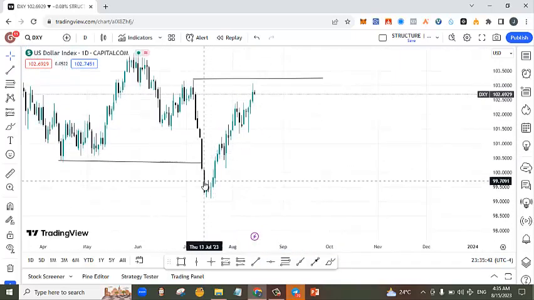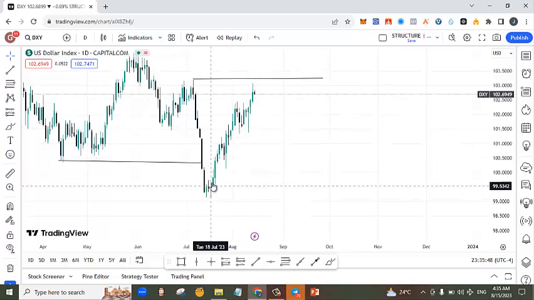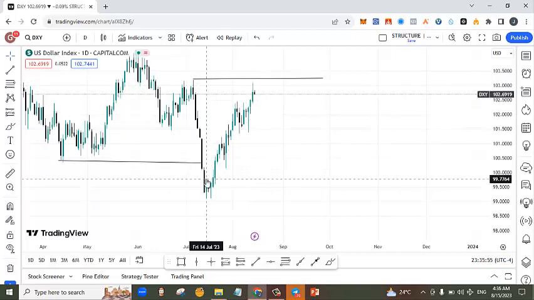So if you were here and you saw all of this movement, you can project that DXY will be bullish all the way up to this level, and that would have meant a very nice sell for you for a couple of days into weeks for pound USD.